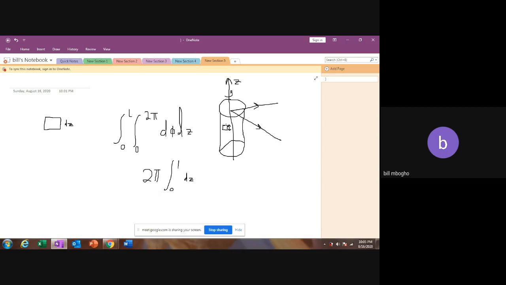And then its length is some arc. Think of connecting this to the z-axis. It's going to be some arc length.